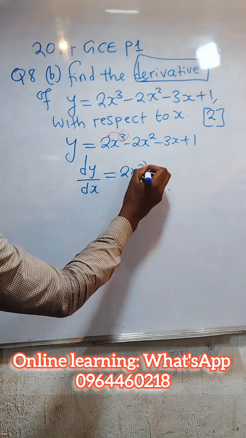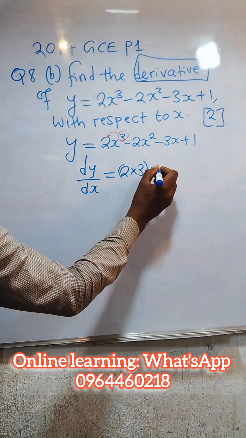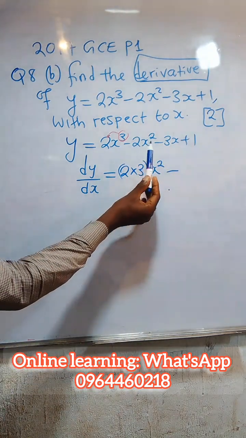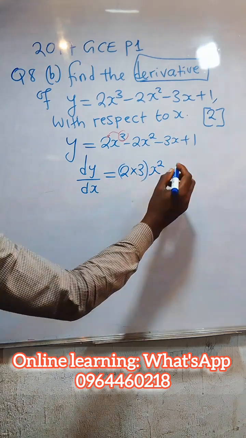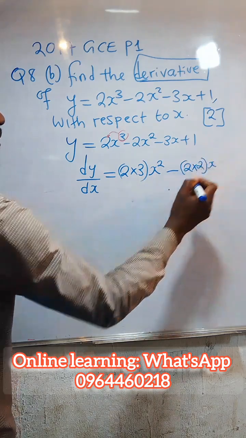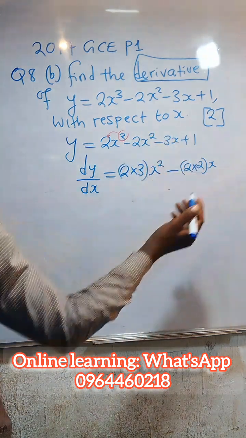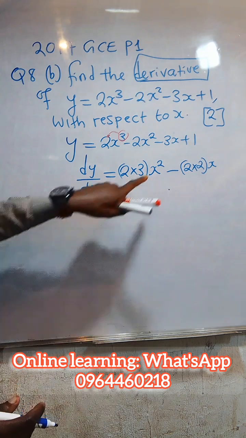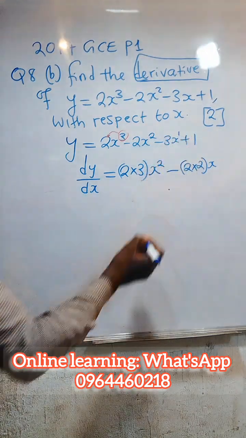So we say 2 multiplied by 3, and then this power 3, you subtract 1, so it's going to be x to the power 2. Minus, and then this power 2 multiplied by this coefficient 2, it's just 2 times 2, and then x. Now this power, we subtract 1, so it just remains power 1, and there is no need to show that. And then this one, we can't see any power, so it has a power of 1.